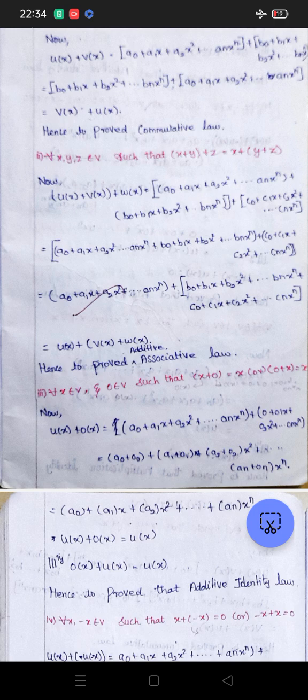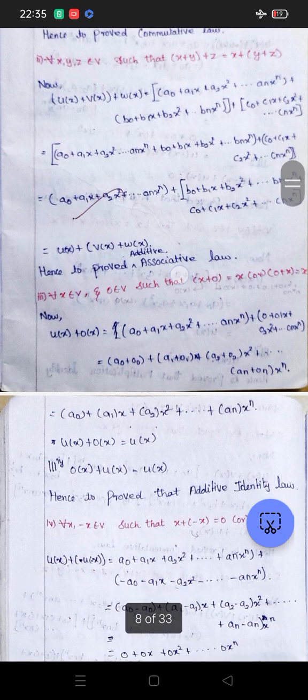cn x^n. The second step is you can split the first polynomial a0 + a1x + etc. + an x^n. Next, combine the v(x) polynomial plus the w(x) polynomial: b0 + b1x + etc. + bn x^n plus c0 + c1x + etc. + cn x^n.